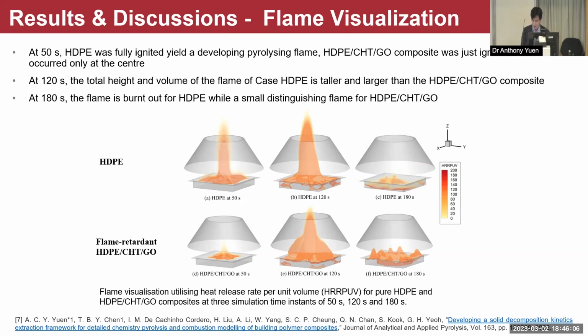And ultimately, because the HDPE burns at an earlier stage, it consumes the whole material earlier, so it extinguishes a bit earlier. But the good thing about the flame retardant HDPE is it gives you a very low total heat release as a whole.